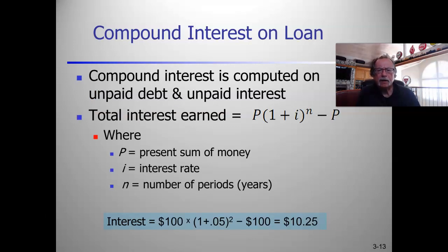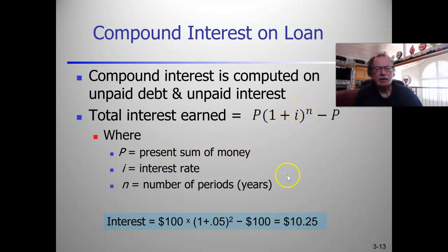So if we have compound interest on this same loan that we had in the simple interest example, the total interest that we earn is going to go according to this formula. Interest equals your present amount times 1 plus your interest rate raised to the number of periods power minus your original principal, your present sum of money.